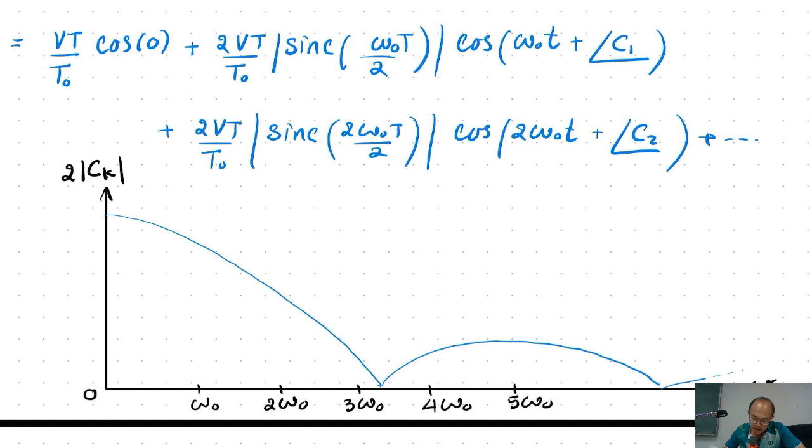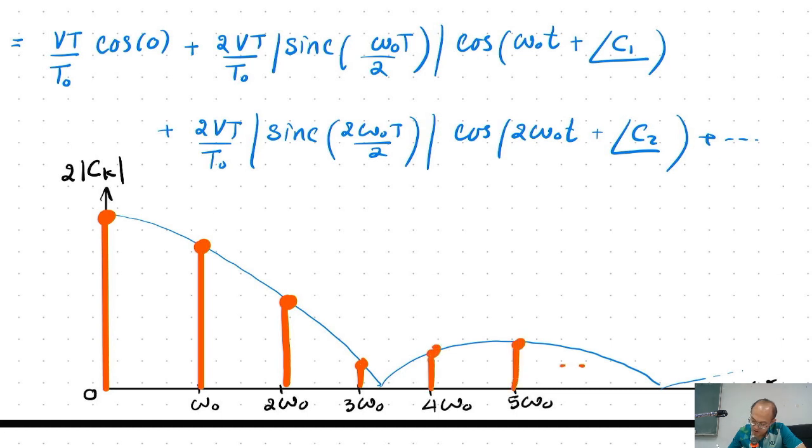So I will have this one as C0. This is C1. This is C2, C3, C4, C5, and so on. C0 to C1, to C2, to C3, and so on.